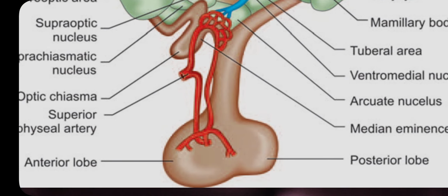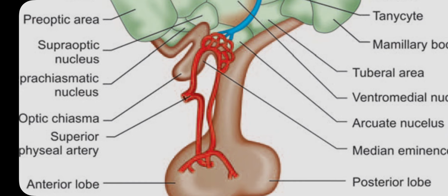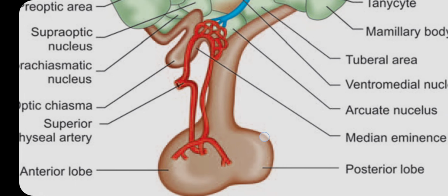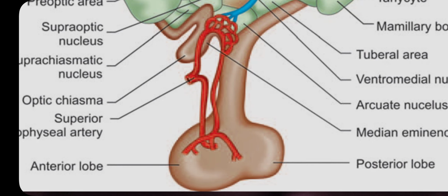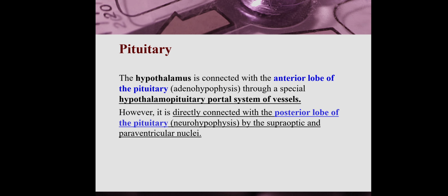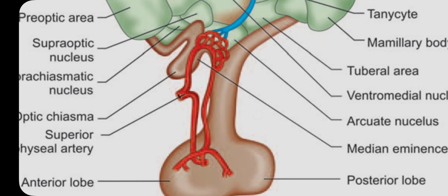Through the anterior lobe, the hypothalamus is connected through the hypothalamic portal system of vessels. You can see the vessels coming from the hypothalamus into the anterior lobe of the pituitary.